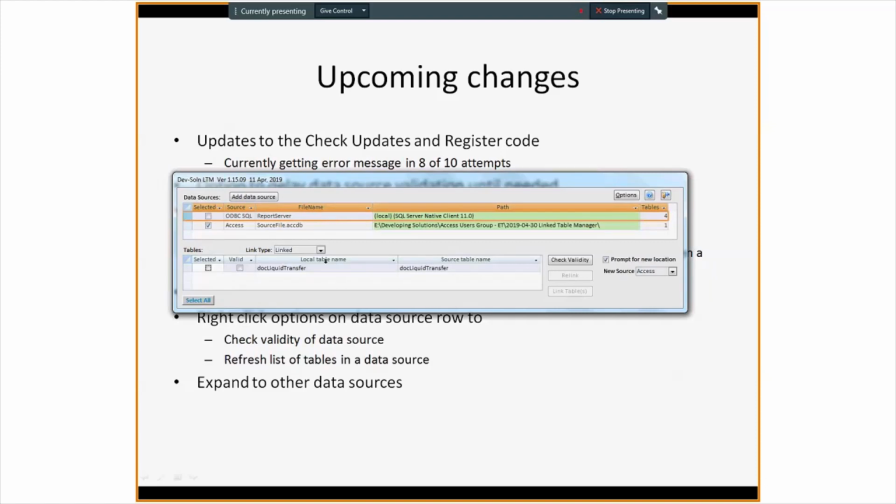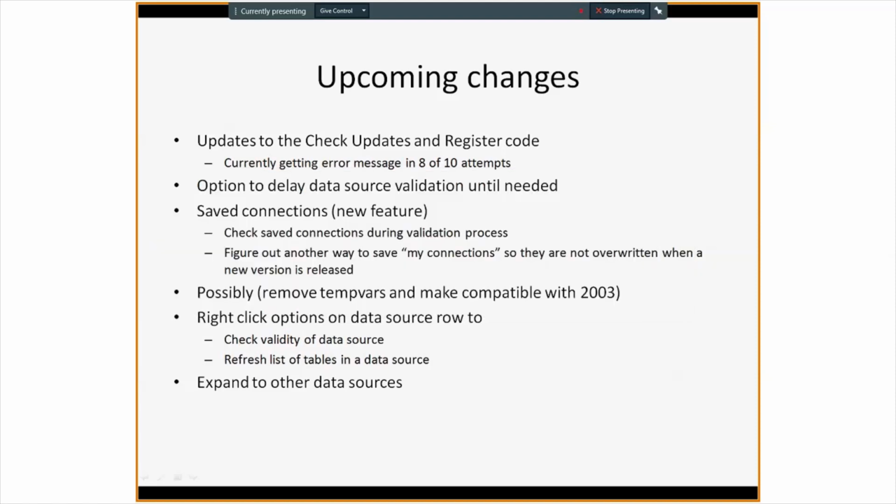When you click on available, this is going to be the Access ones, it actually goes out and gets the new ones that are available that aren't already in the database, but I'm looking at that as well as an option. And then I'd like to expand it to other data sources.